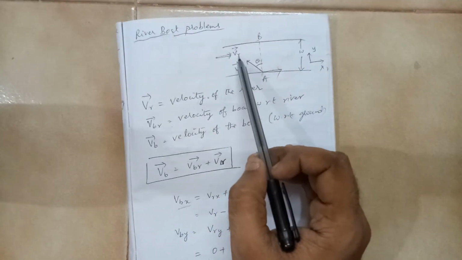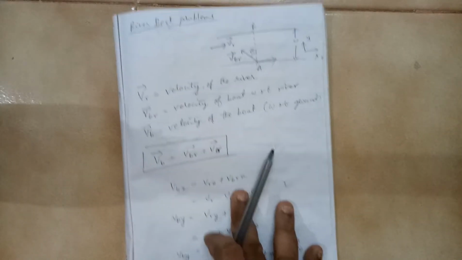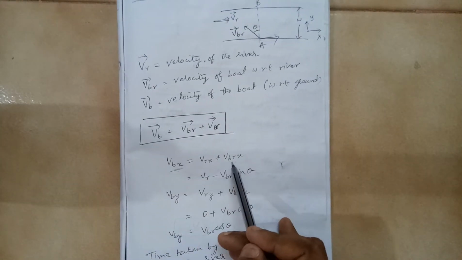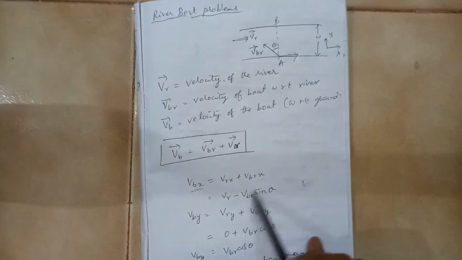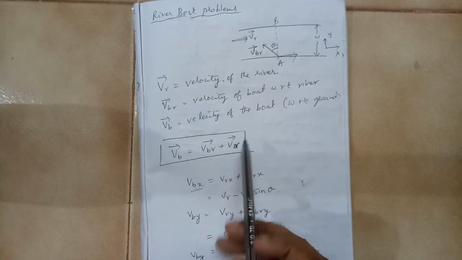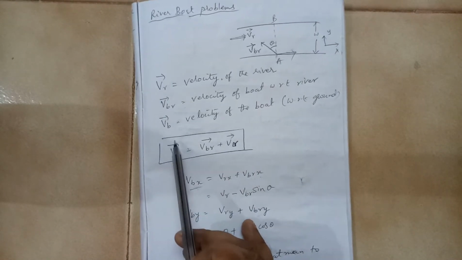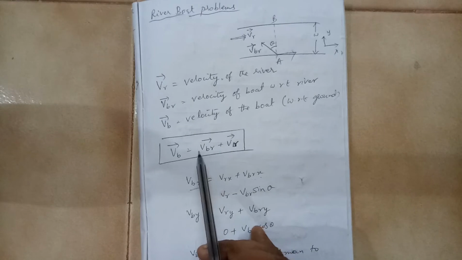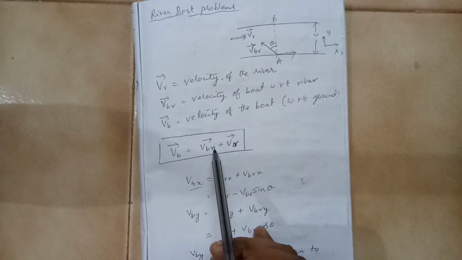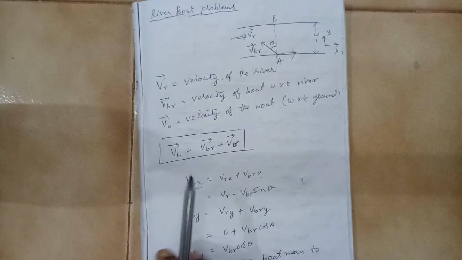So here the Vr vector, Vrx plus Vbrx. The meaning of this is you are adding two vectors and you are getting another vector. That means when you add all the x components and all the y components and take the resultant, that is this Vb vector.